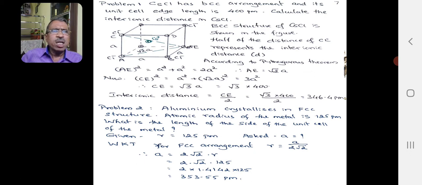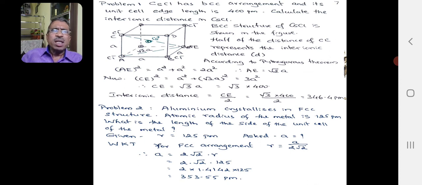Half of the distance CE represents the inter-ionic distance, that is d. According to the Pythagoras theorem, AE square is equal to a square plus a square, that is equal to 2a square. Therefore, AE is equal to root 2 into a.